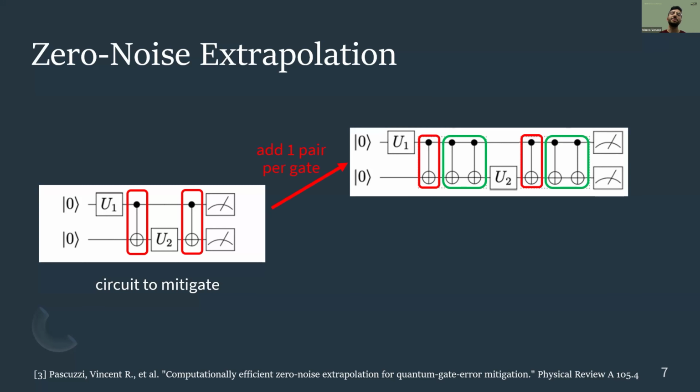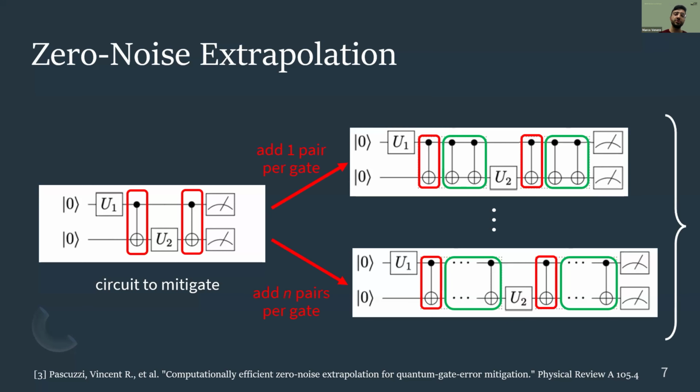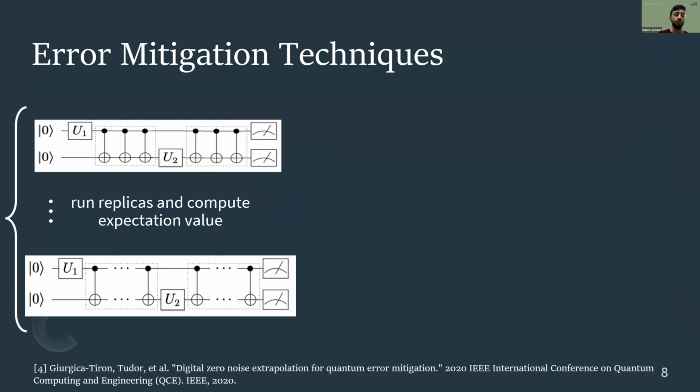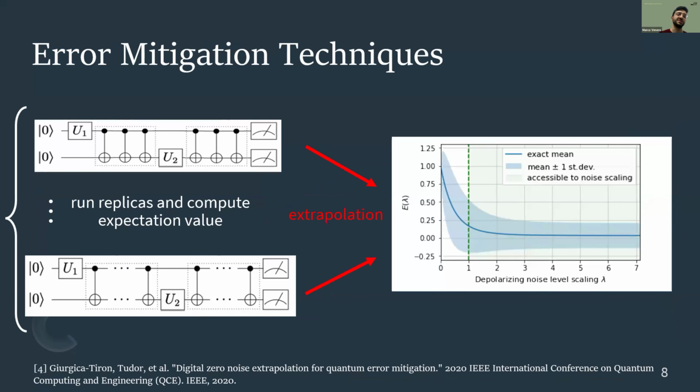We can keep on replicating these gates and producing several different circuits, each one being longer and longer than the previous one. All of them are functionally equivalent, but this difference in the depth of the circuit implies that they are more and more affected by noise. What we can do then is measure these circuits, and since their output is probabilistic, we compute the expectation value of their output, and we plot it.